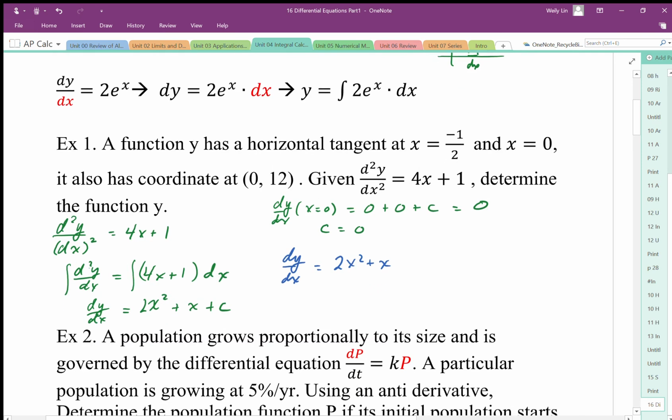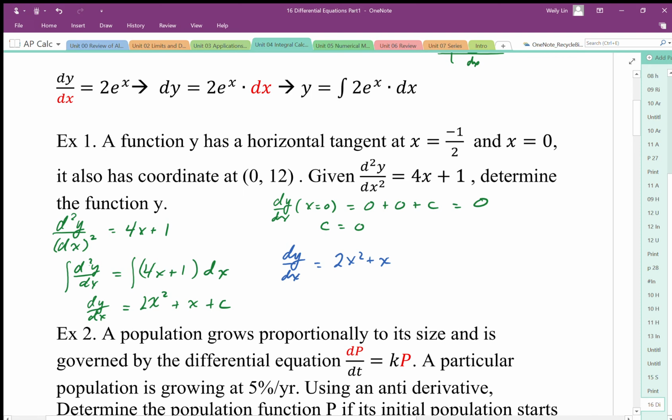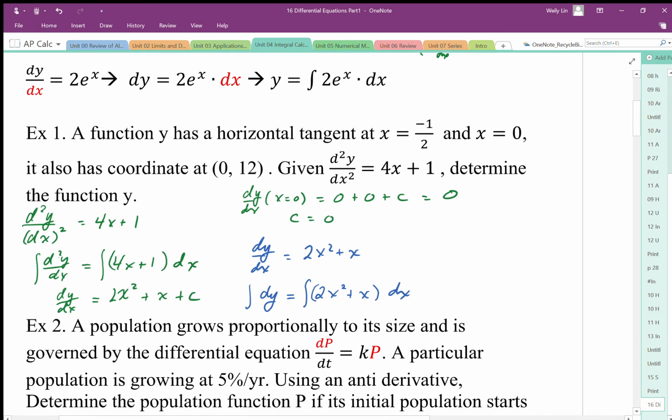And so again, what we're going to do is take this derivative function multiplied by dx. So we're going to move the dx to this side. And so we end up with this expression: dy is equal to 2x squared plus x times dx. And if we sum up this side, we're going to get y. If we sum up this side, we're going to get our integral.